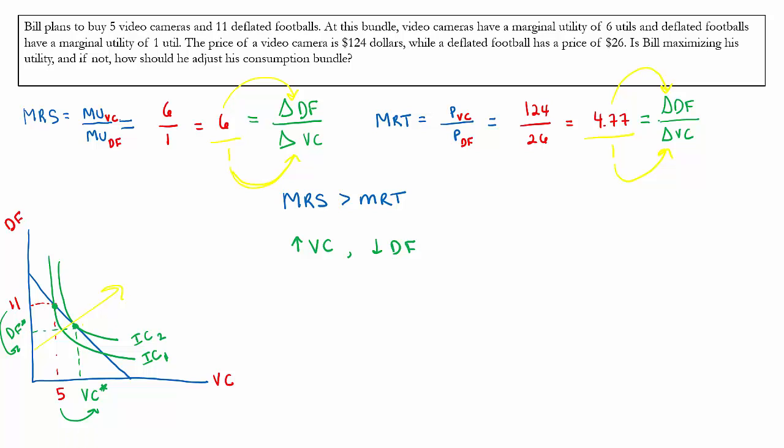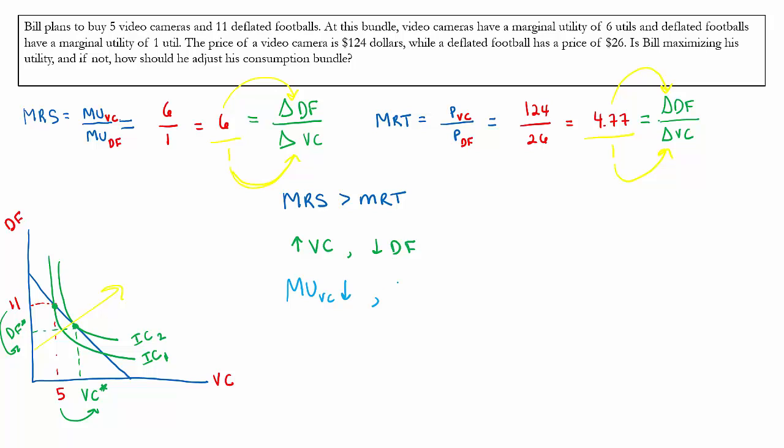And that's because of the principle of diminishing marginal utility. As he moves towards the video cameras, as he consumes more and more video cameras, the marginal utility of video cameras should go down if, in fact, goods display the principle of diminishing marginal utility.